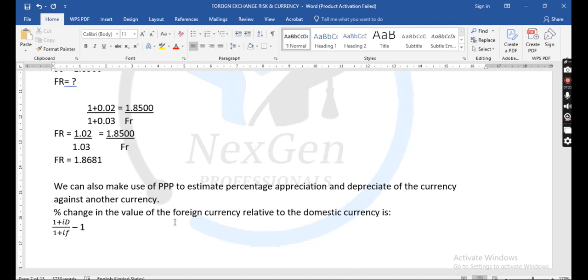You can use purchase power parity to determine the appreciation or depreciation of the currency. You can as well use interest rate parity when we get to it, right? Class, you can as well use that. The formula is just like the one when you have 1 plus.